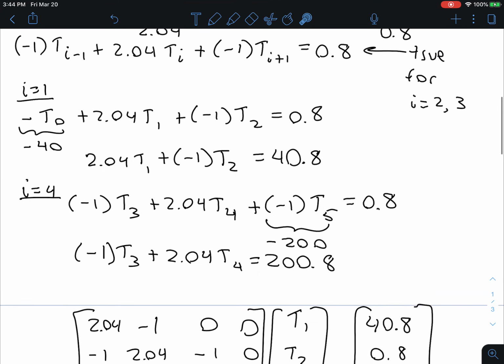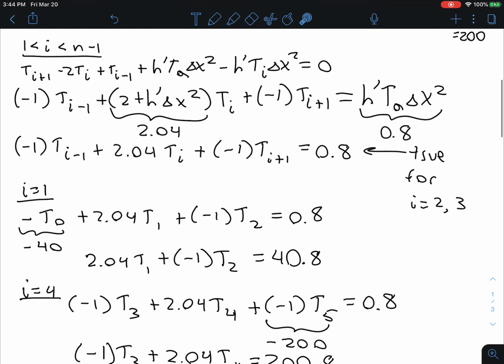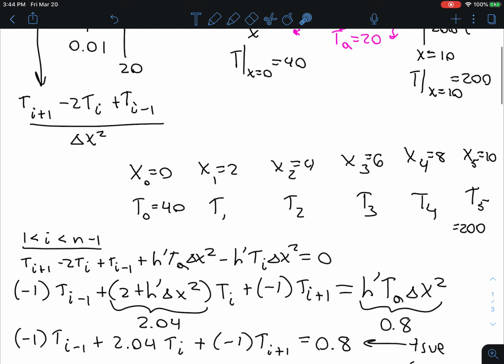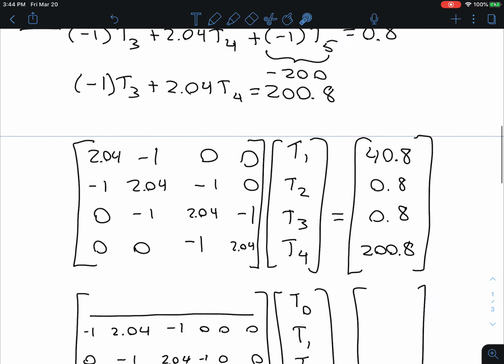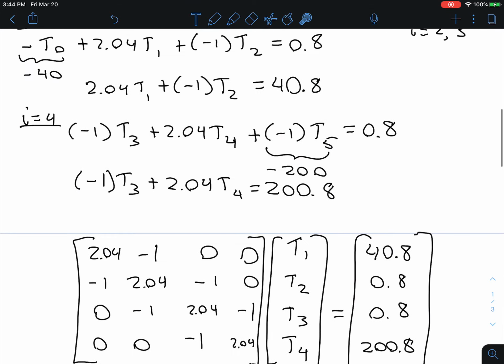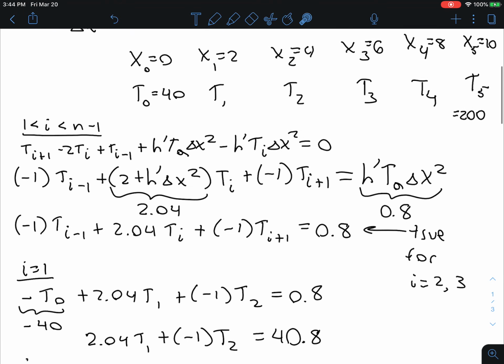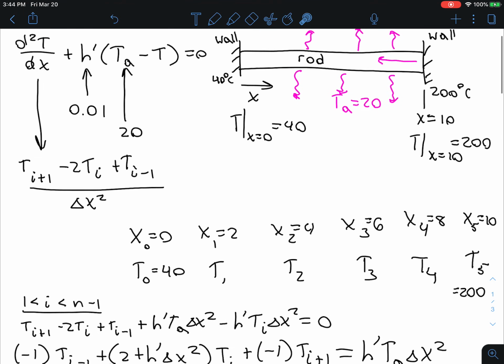So that would seem to be an unfair thing to do, but what I'm really doing here is just evaluating this equation and not considering that I know T0 and T5. So there's a different way to account for the fact that I know them.